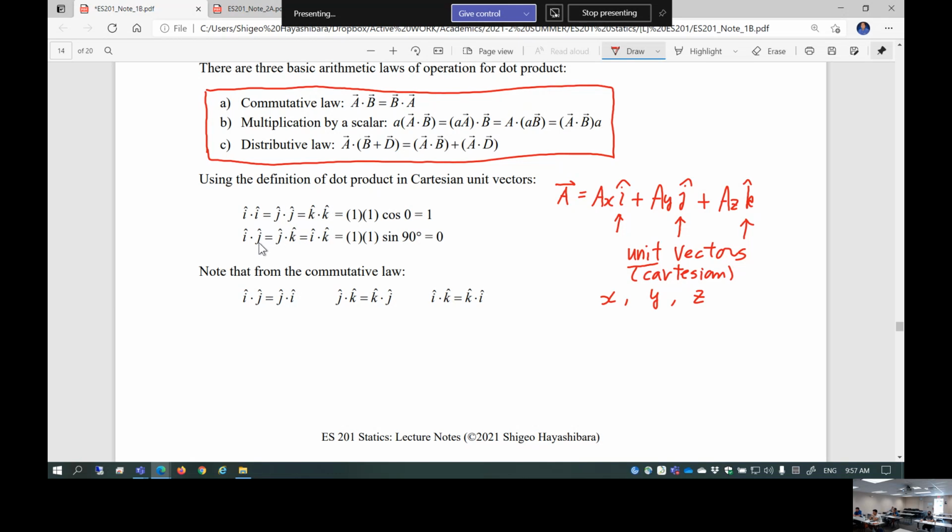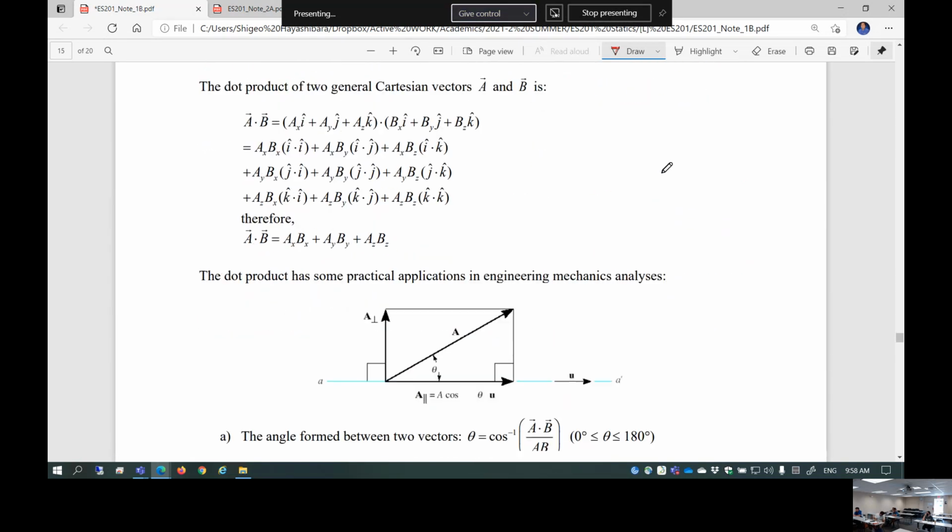I and J, X and Y direction is perpendicular, 90 degrees between the angle. So this is going to be 1 times sine 90. Sine 90 is 0. So those are all zeros, right? By the way, I dot J is J dot I, stuff like that. But those are all zeros. Okay? Let's move on to the next page.